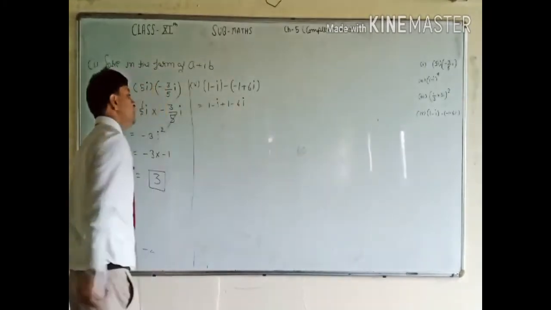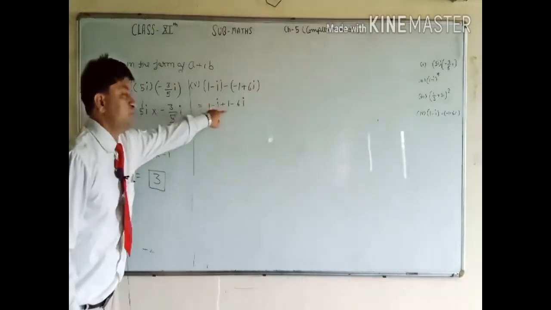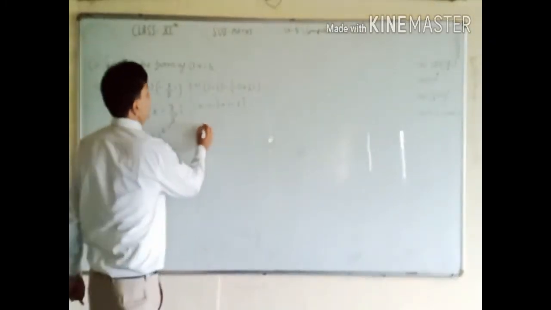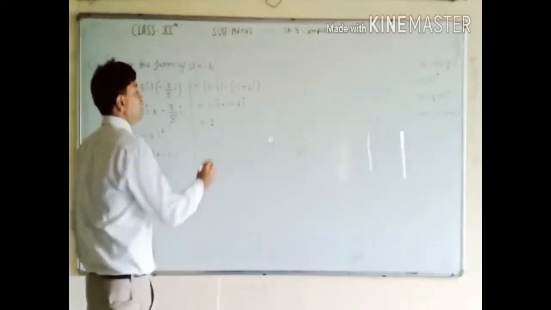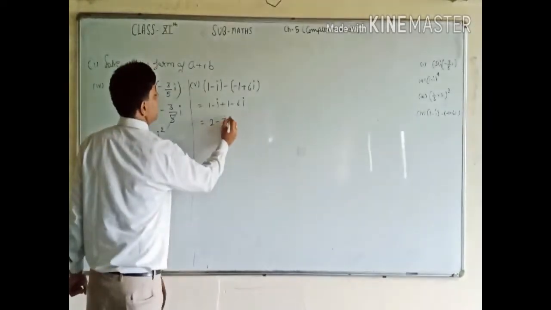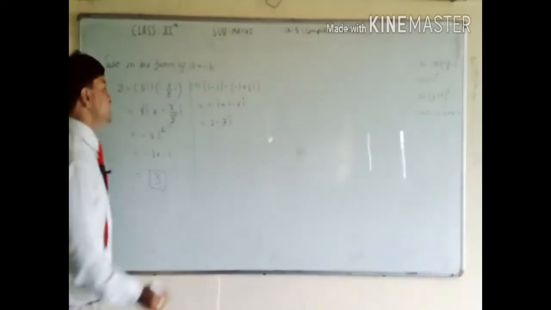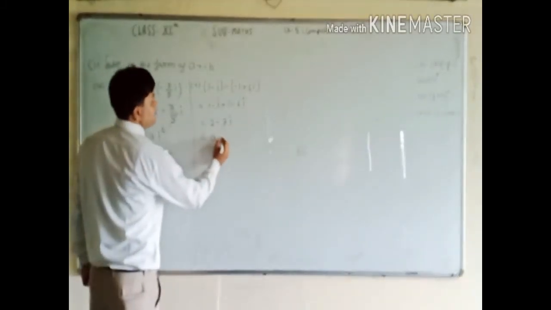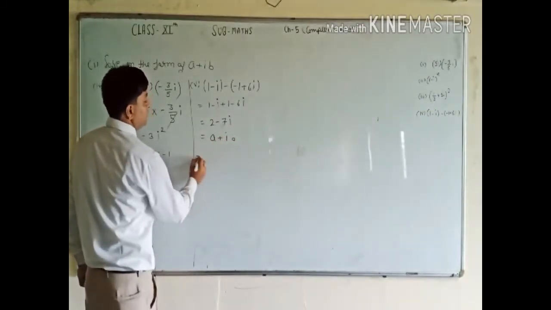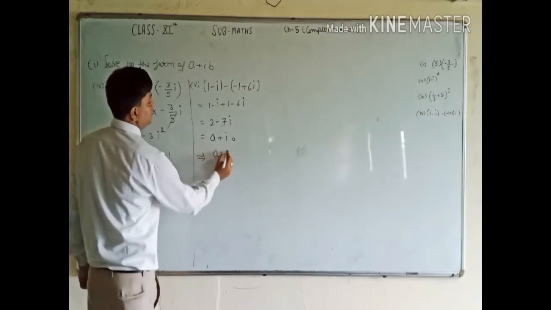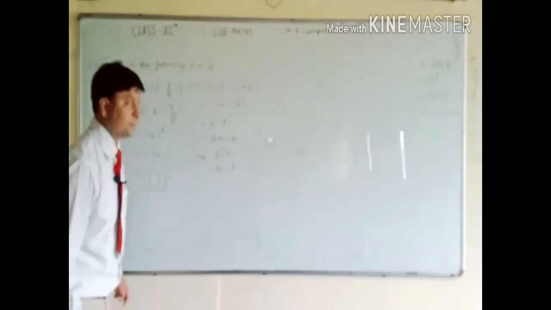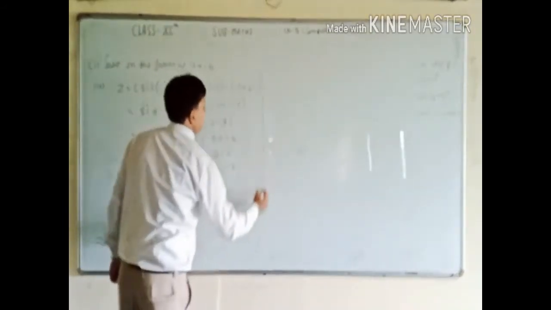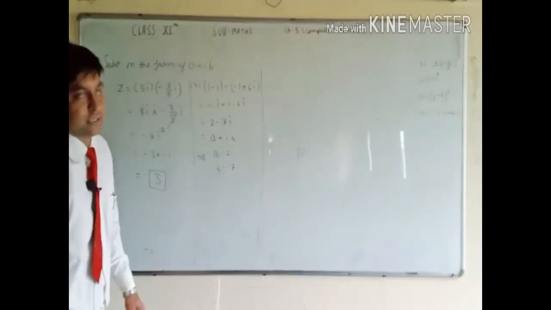We know that 1 plus 1 is equal to 2, and minus 6 iota and minus iota is minus 7 iota. So this is in the form of a plus iota b, where a equals 2 and b equals minus 7.